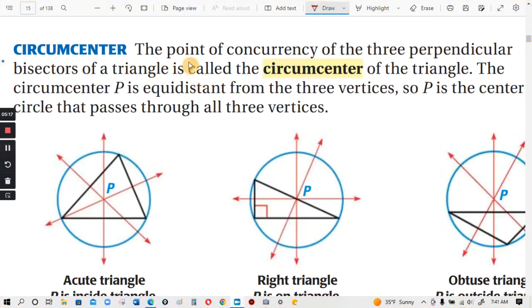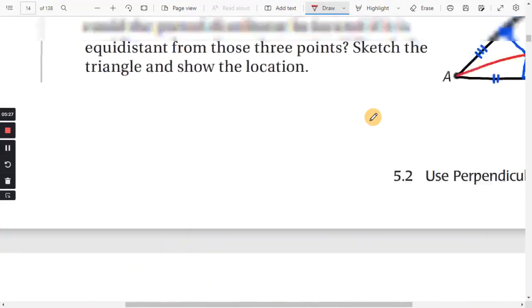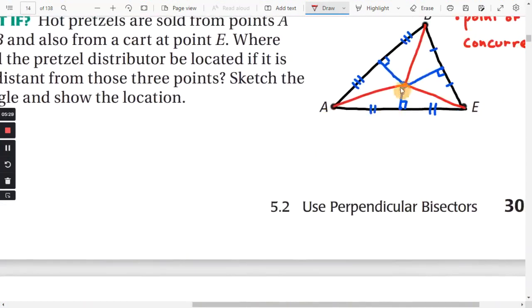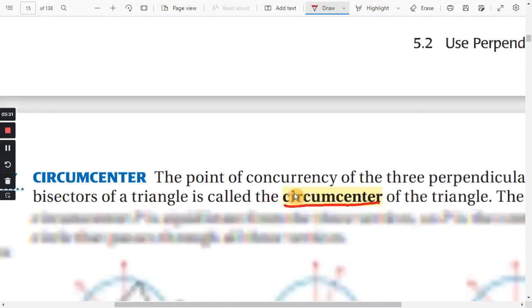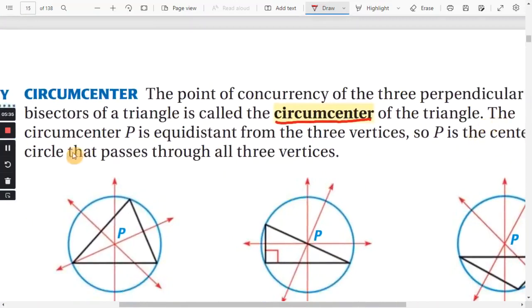The point of concurrency of the three perpendicular bisectors of a triangle is called the circumcenter. So that point where the perpendicular bisectors meet is called the circumcenter. The circumcenter P is equidistant from the three vertices, which we said already.